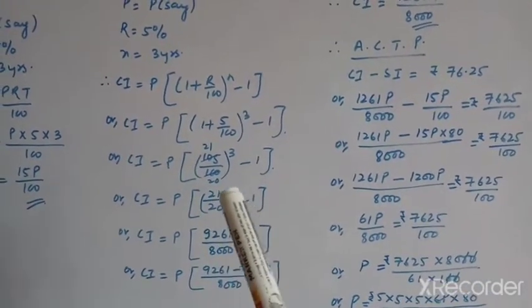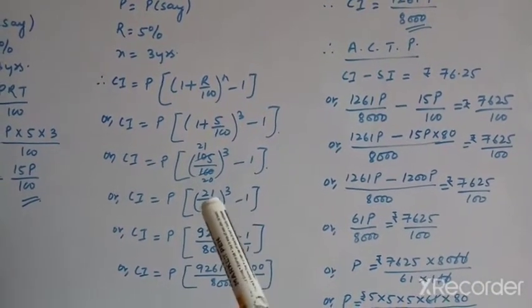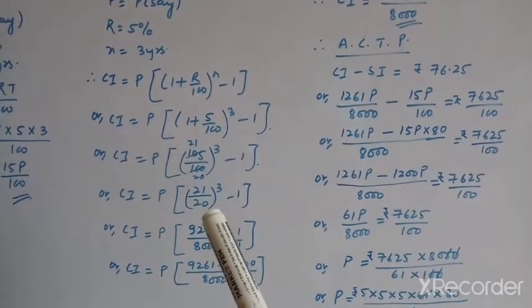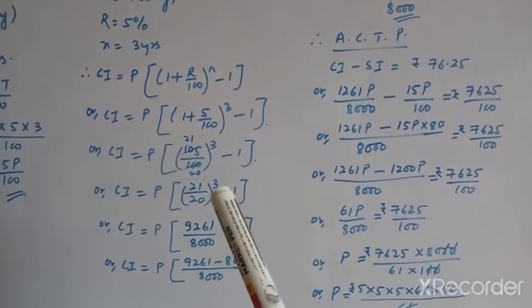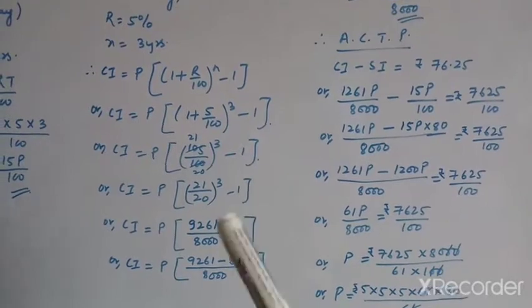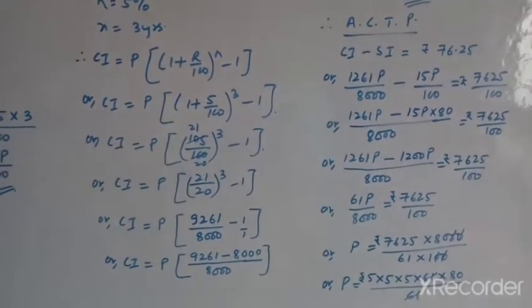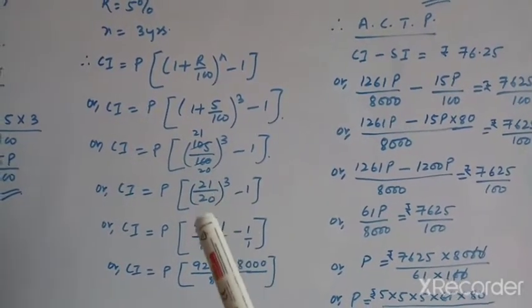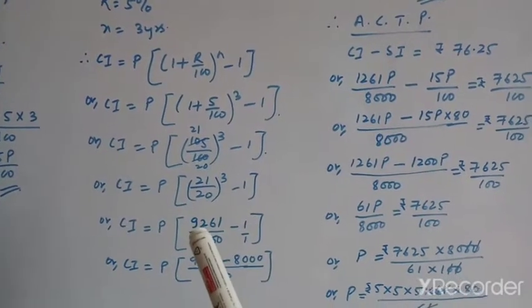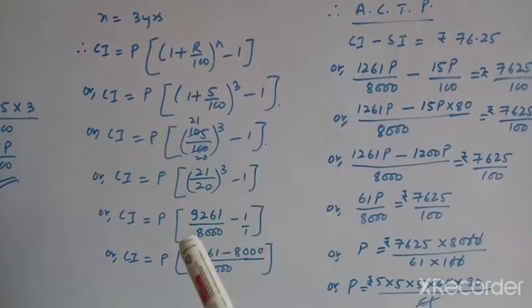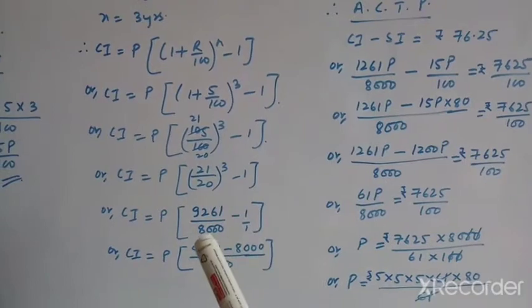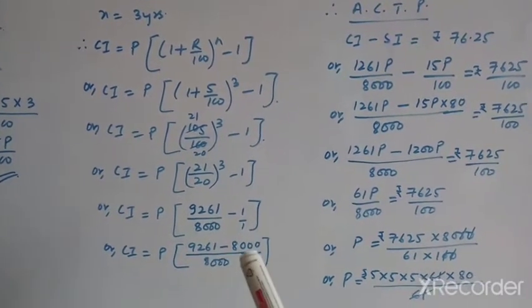In the last video I have already mentioned that here you cannot write it as 21 by 20, 21 by 20 and 21 by 20, because here you need to calculate the LCM. So we will expand this term. 21 cube means 9261, and cube of 20 is 8000. Here we need to calculate the LCM.